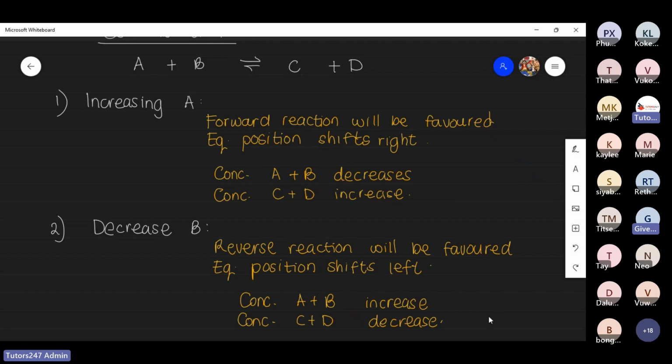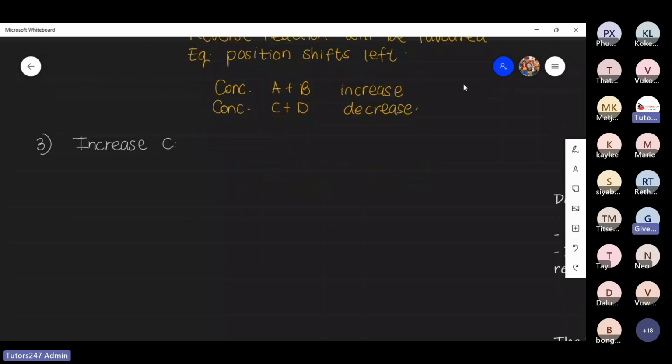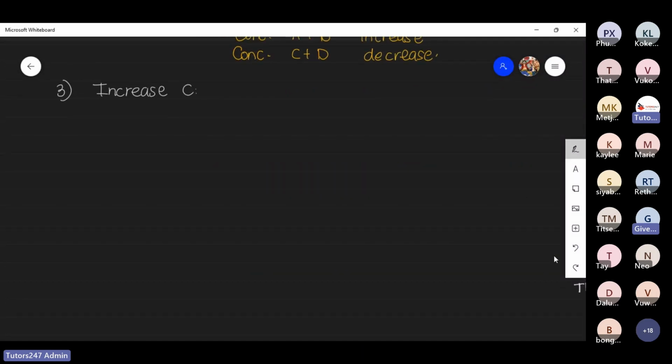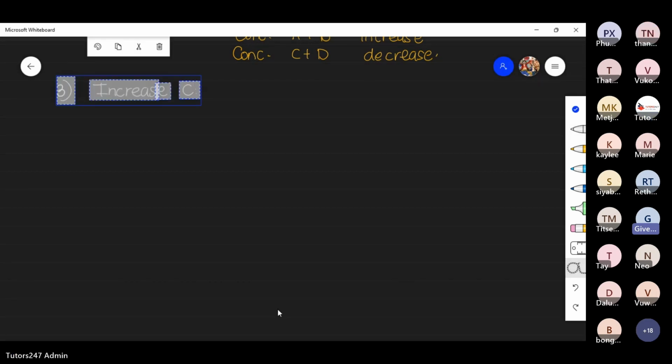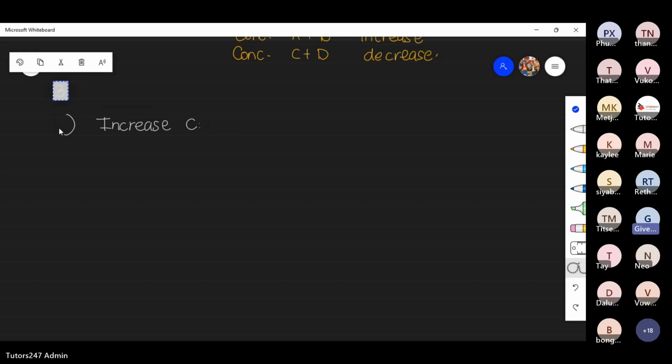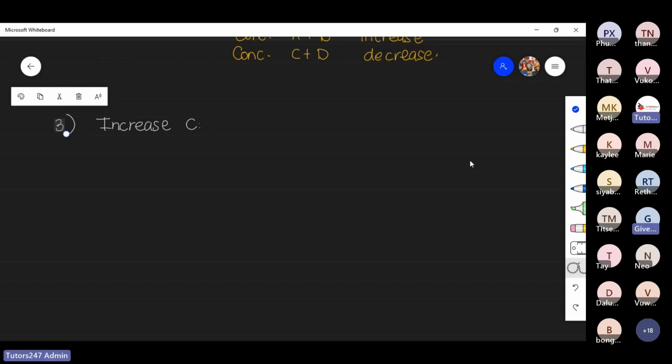So I don't want to have to scroll up and down, so I'm just going to write a new equation, then we'll do C and D quickly. Okay, so that's our equation.